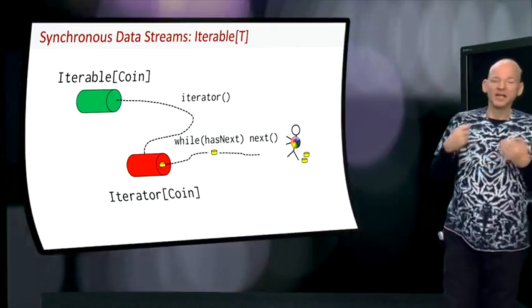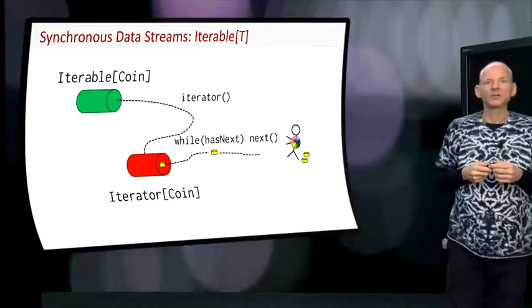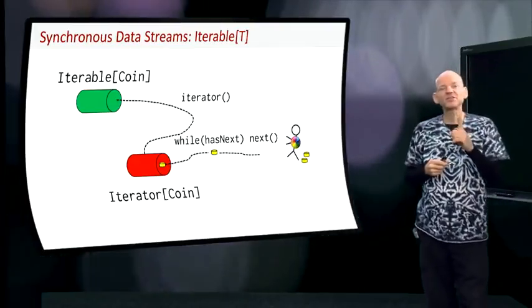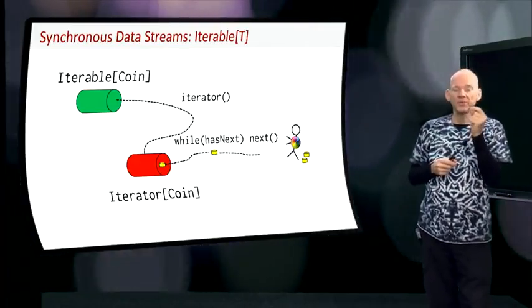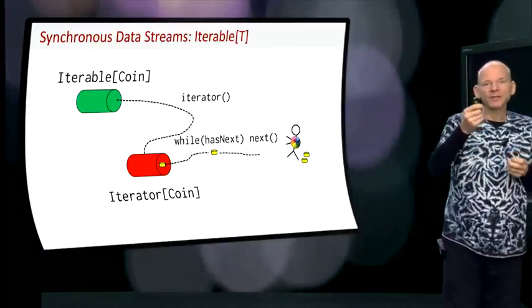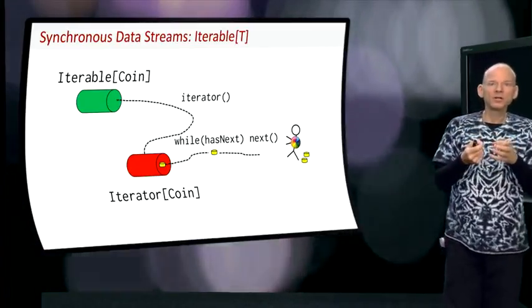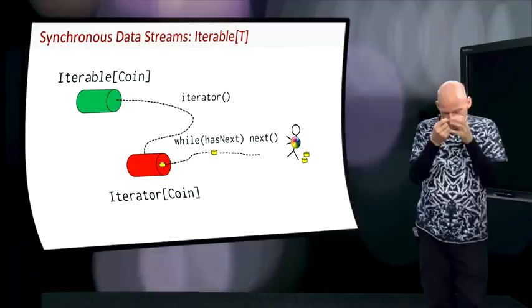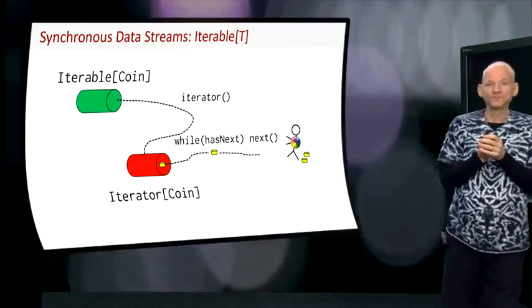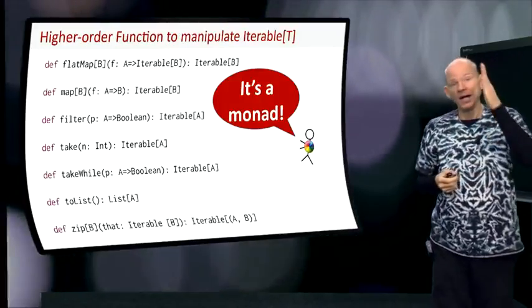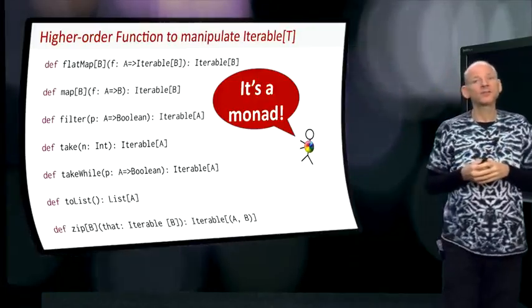We call next, and that's the way we collect our coins. Now notice that this is a synchronous stream or a pull-based stream. Every time we call next, we block until the next value is produced. And we'll see the consequences of that later.